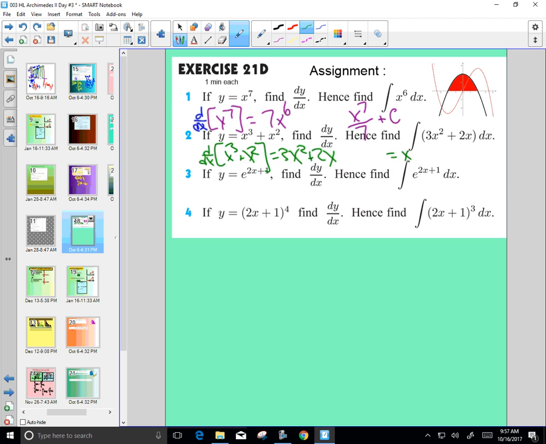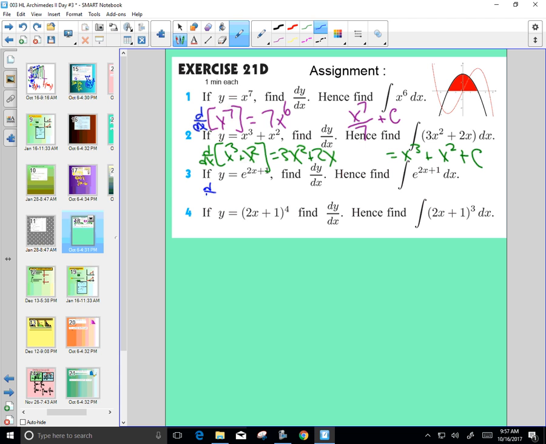Yeah, it's 3x cubed over 3, or x cubed, 2x squared over 2, or x squared, plus c. Now this one's nice. It looks just exactly like the original, doesn't it? Because we had the derivative. Why is this one not the same as the original? Because it didn't have the 7 next to the 6th. Okay, that's going to be important when we do this next one.